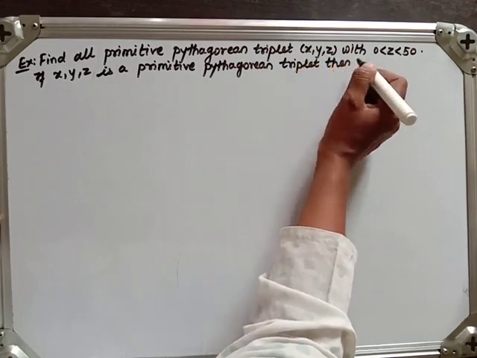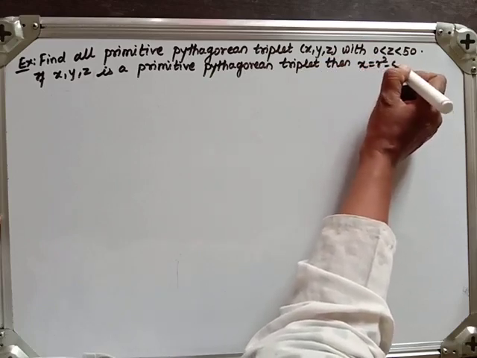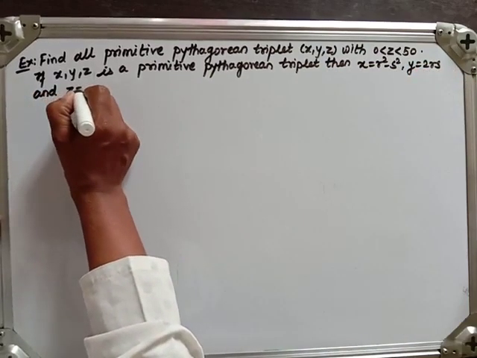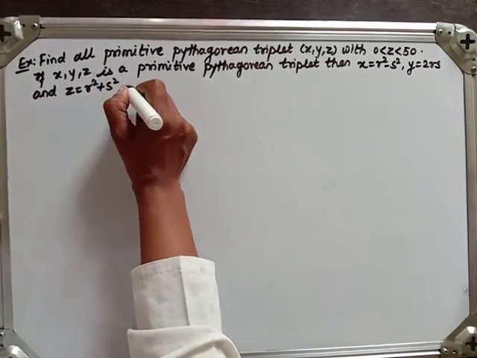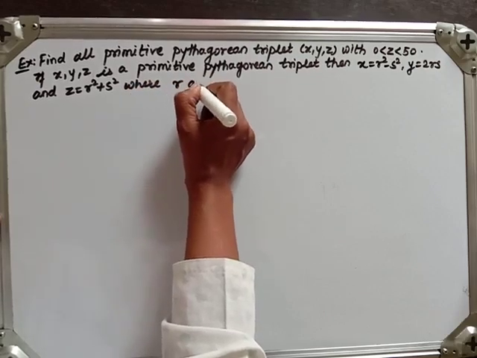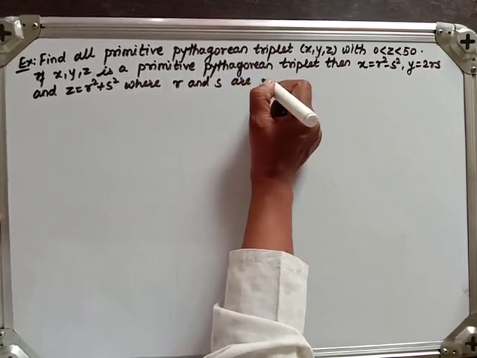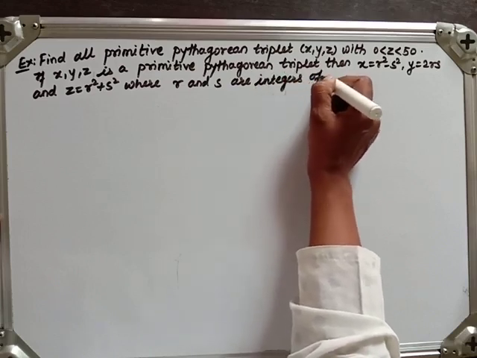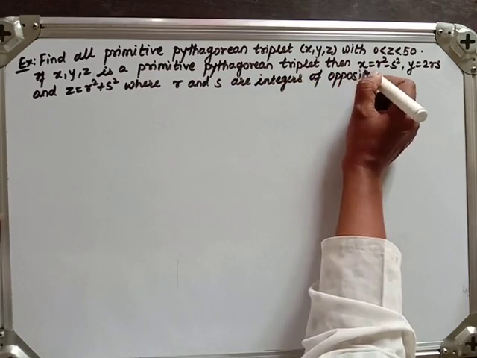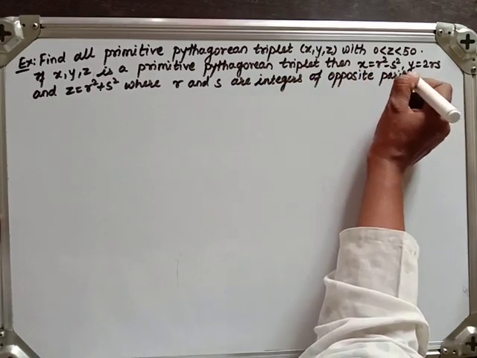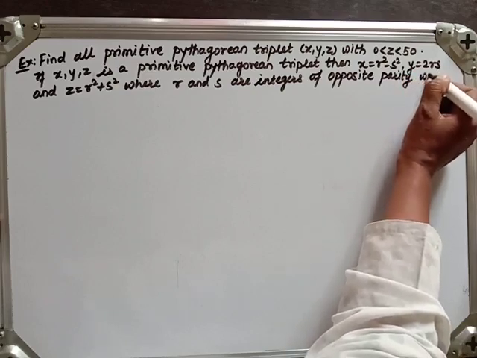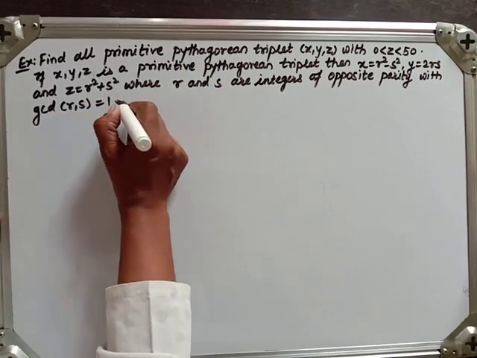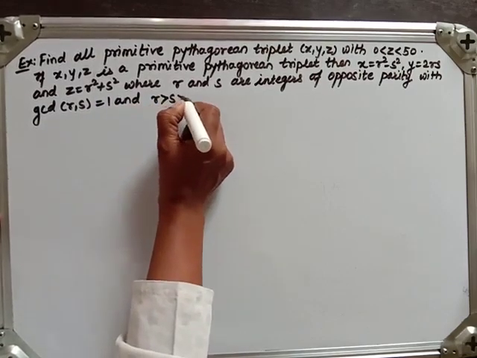then x is equal to r square minus s square, y is equal to 2rs and z is equal to r square plus s square, where r and s are integers of opposite parity, with GCD of r and s is 1 and r greater than s greater than 0.